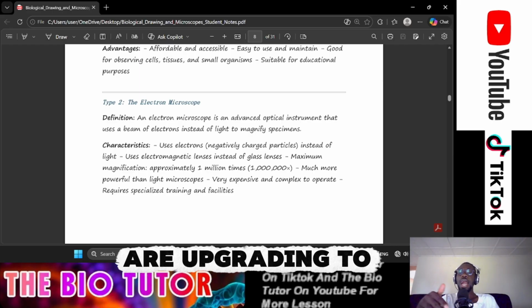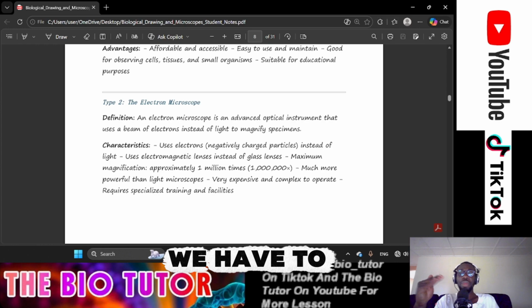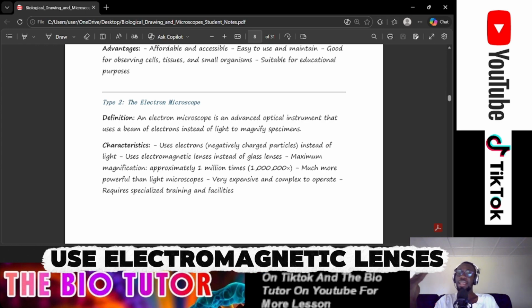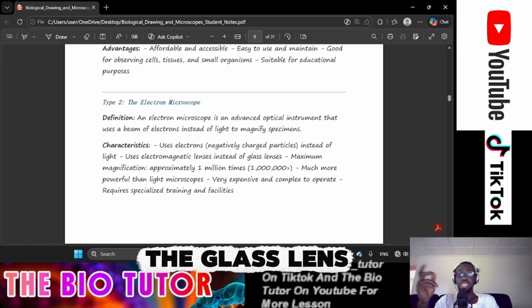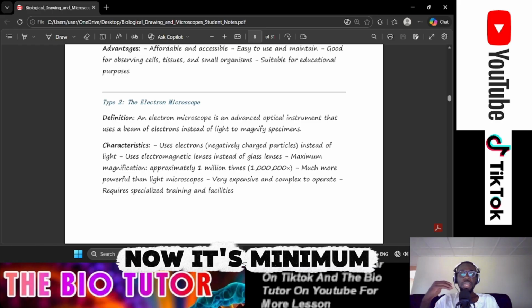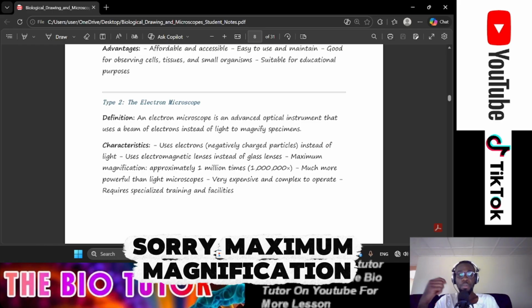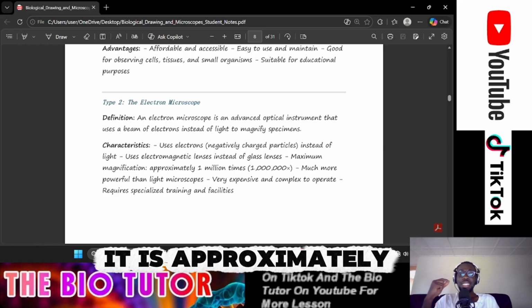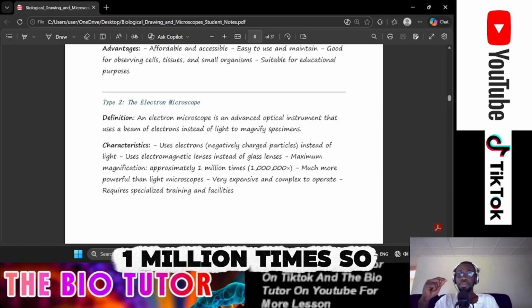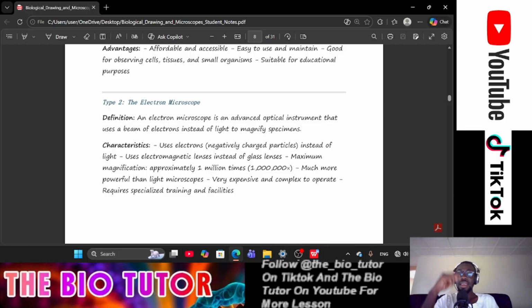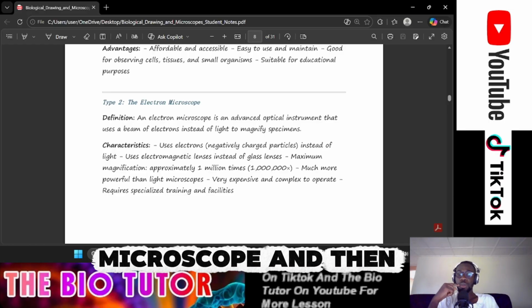Therefore, if we are upgrading to electrons, we have to use electromagnetic lenses instead of glass lenses. Its maximum magnification is approximately 1 million times, so much higher than the light microscope.